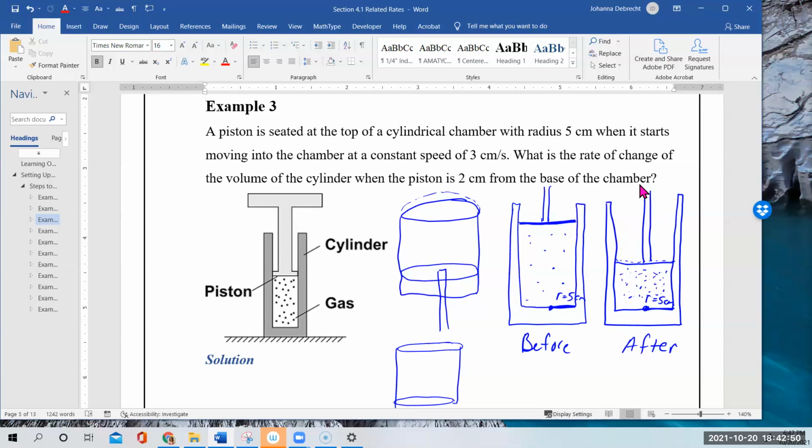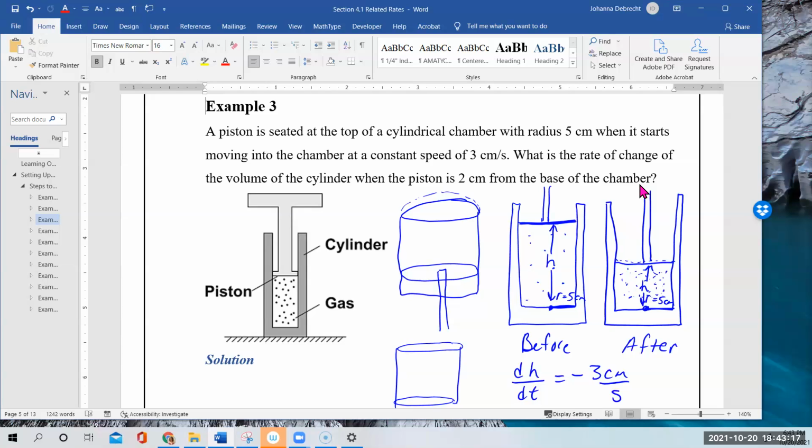So what's changing here is the height. That means that when we measure the speed of the piston moving, we're measuring the rate of change of the height with respect to time. Since the height is getting shorter, that means the rate of change will be negative. So we have dH/dt is equal to a negative 3 centimeters per second.